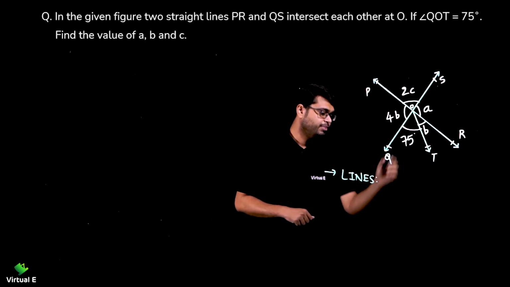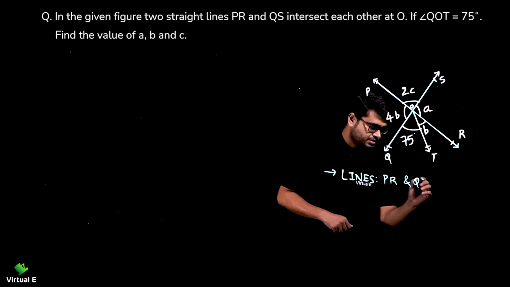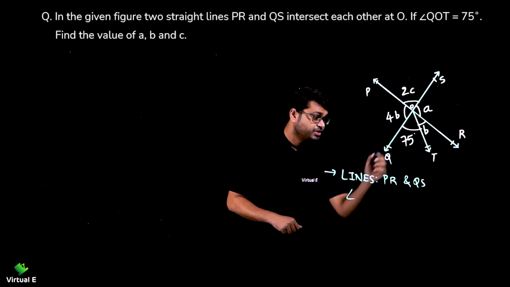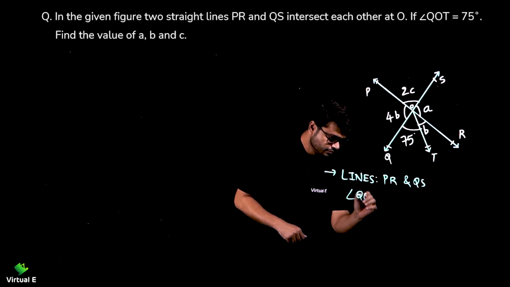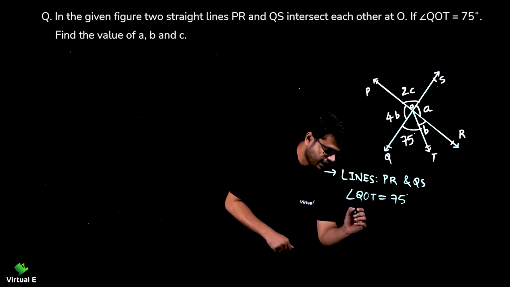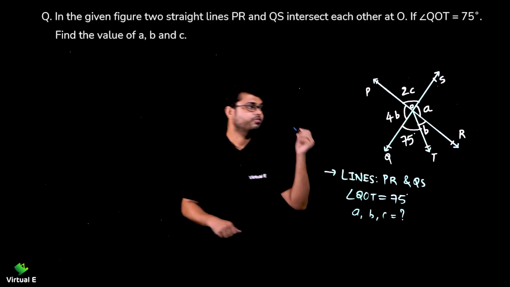That is PR and QS. These are the lines. And one more piece of information we have, QOT is equal to 75 degrees, and we need to find the values of A, B and C. This is what we want to do.